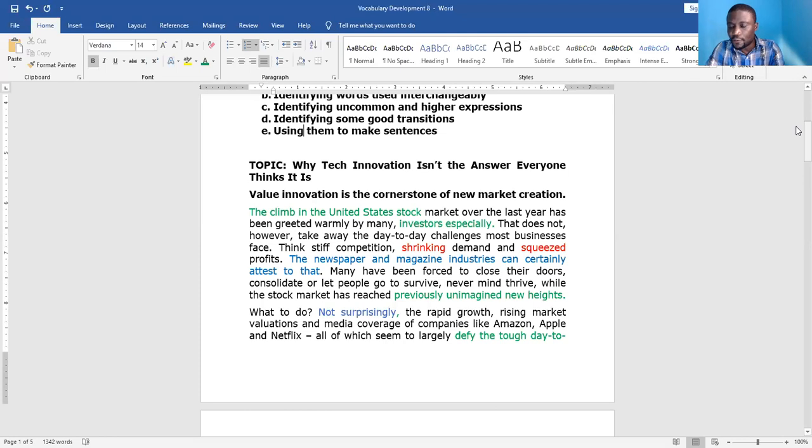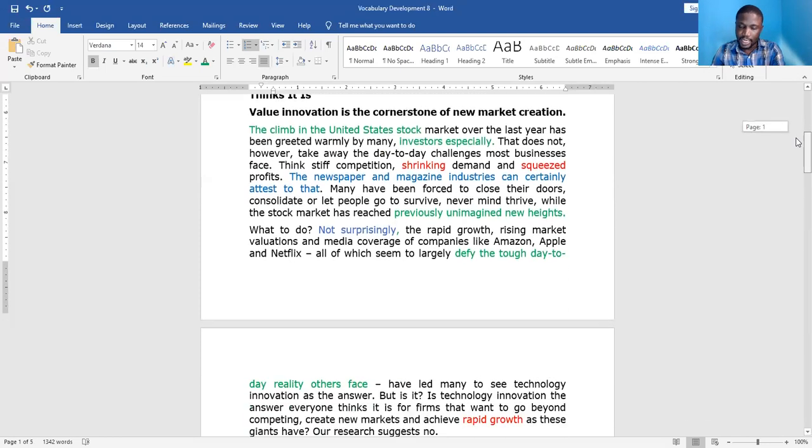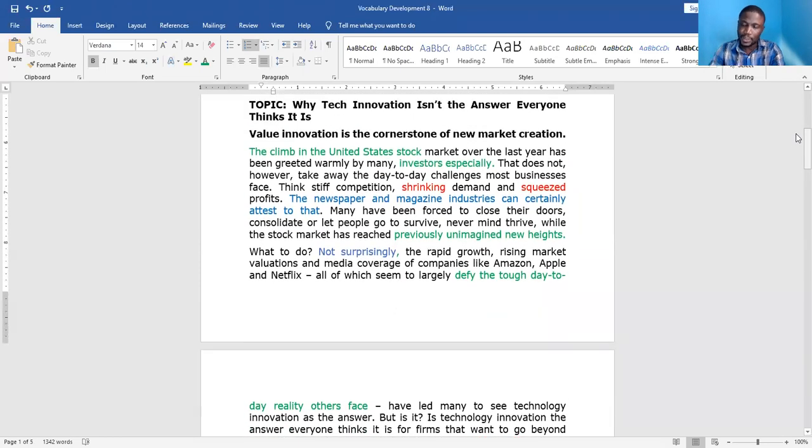I will read the first few paragraphs to show you that this is a real journal. Then I will go to the latter part because I have cataloged some of these things I highlighted in blue, green, and red. The climb in the US stock market over the last year has been greeted warmly by many investors, especially.